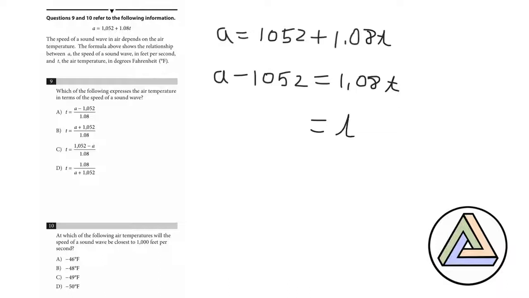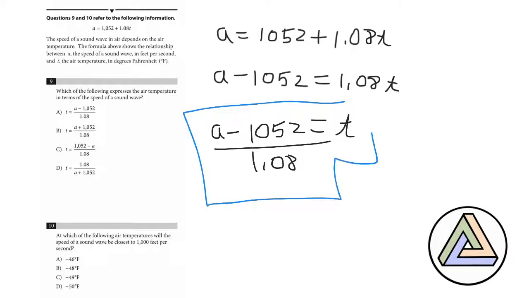I'm going to leave out that written step, but nonetheless we have this, all over 1.08, and that's the answer, which is given right here. I'm just going to be super careful. Yes, it's definitely A.